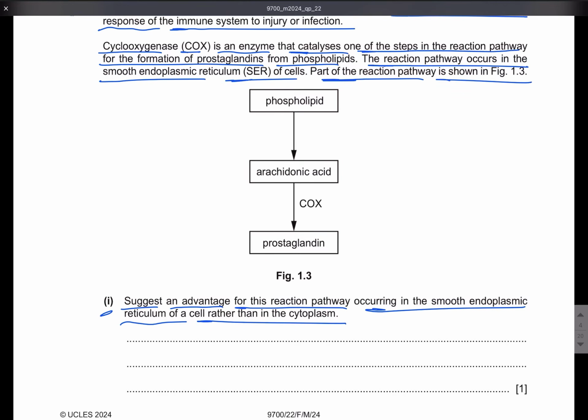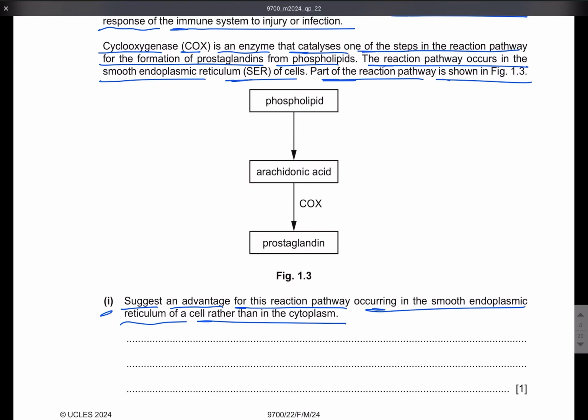We all know that smooth endoplasmic reticulum is involved in lipid synthesis, right? So that's why this reaction pathway is going on in the smooth endoplasmic reticulum, because this pathway involves lipid synthesis. Prostaglandins are lipids. So this reaction pathway should occur in the smooth endoplasmic reticulum.